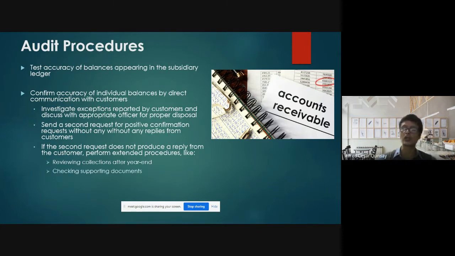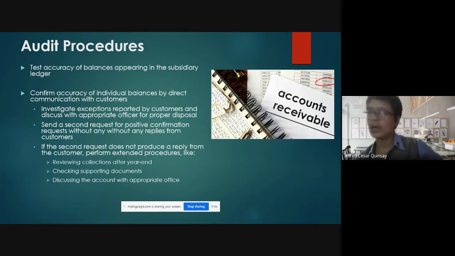Checking supporting documents, whether these collections are supported by documents. So discussing the account with appropriate office, maybe the collection department. So what is the propriety of this collection?